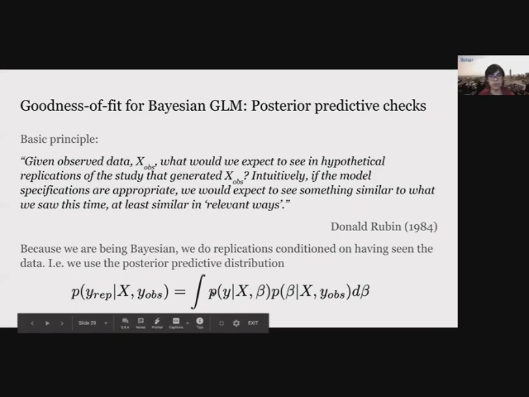The way we get it is to take our density of y given x and beta and average it with respect to the posterior distribution on beta. Just note that the y over here should really be y rep, the replicates. So this is a different y compared to y obs, which is the data that we actually observed.